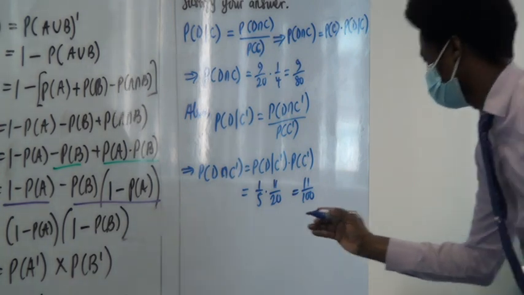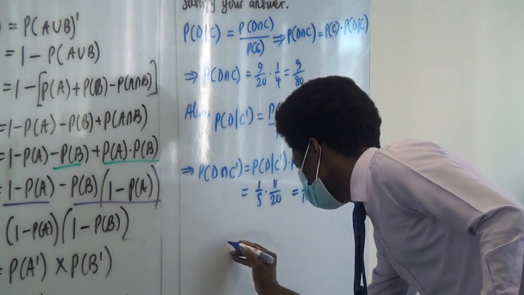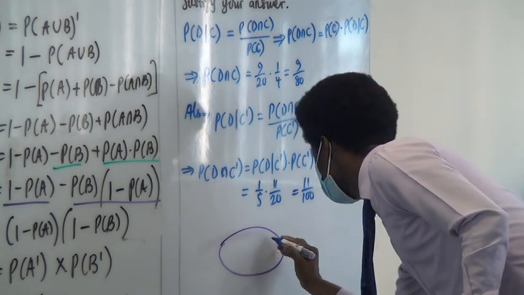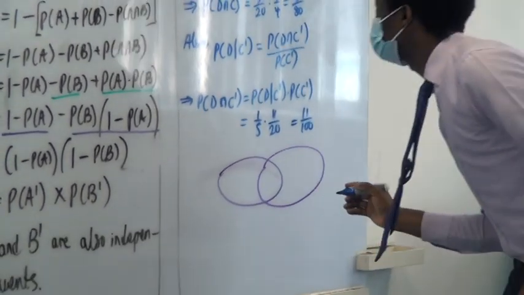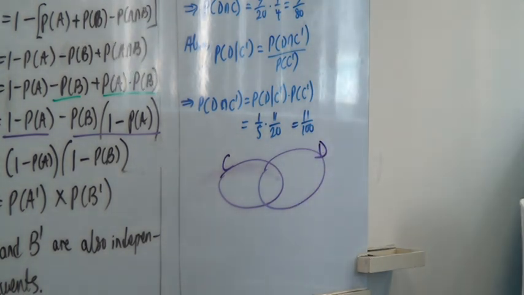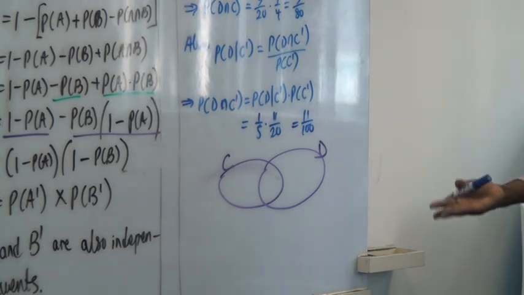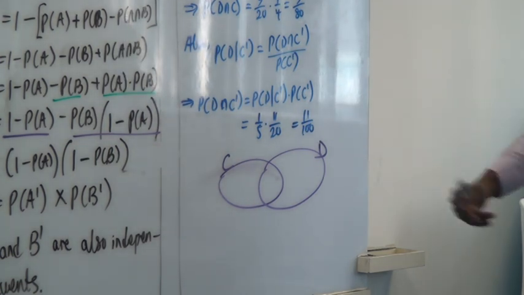So our Venn diagram will look like this, so that we have C and we have D. We assume the cardinality of the whole universal set is 100.